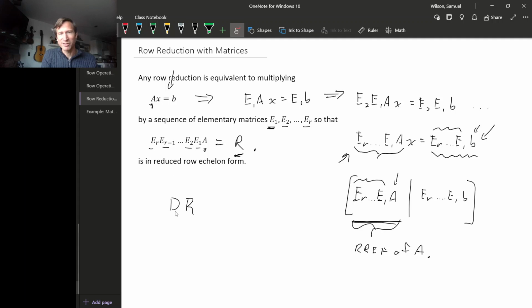For now, I'll call these D_R down to D1, to get back to the matrix A. So this displays the matrix A. It decomposes the matrix A as a reduced row echelon form times a bunch of matrices that, we'll see, are first of all elementary because they represent row operations, but also have another nice property which I won't mention right now, but will turn out to be important.